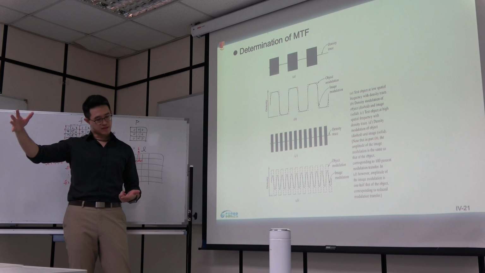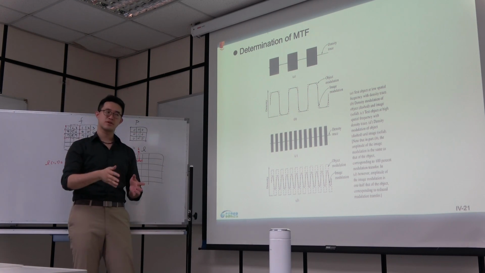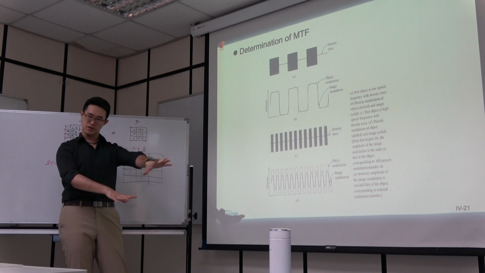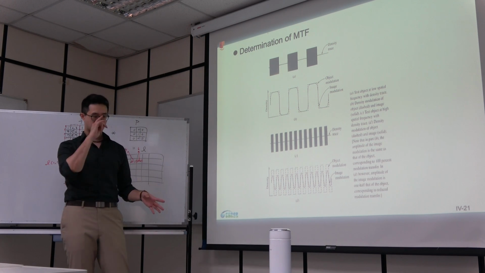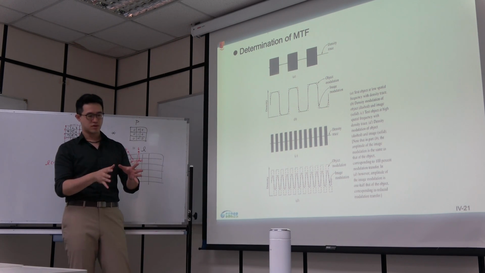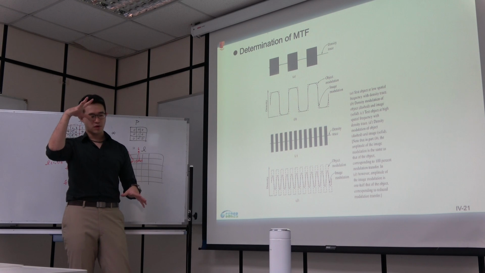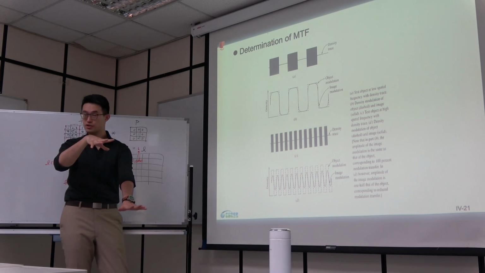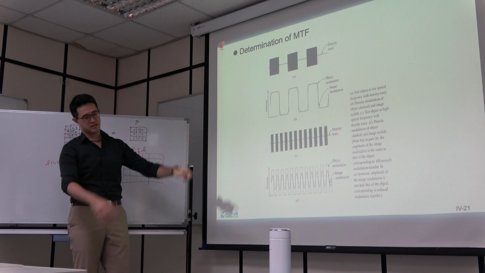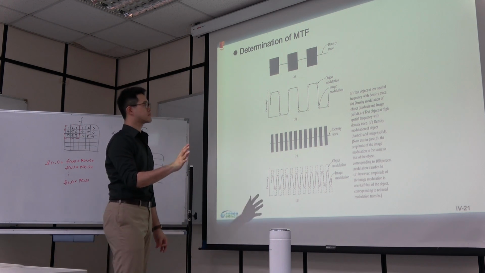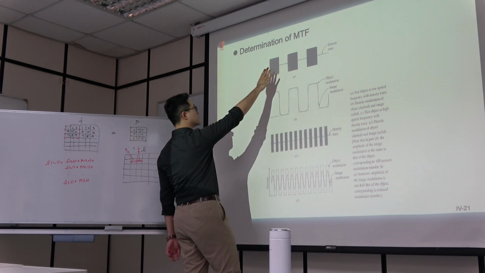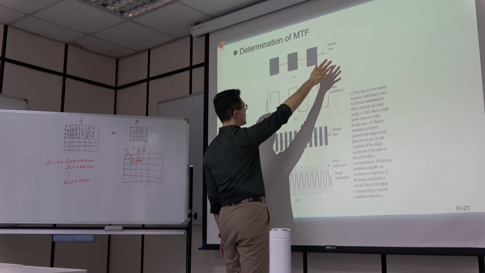After the satellite takes the photo, you can start measuring because we know the ground truth. Then we measure the differences between your real image and the ground truth to estimate the MTF. Okay, so the idea is similar.